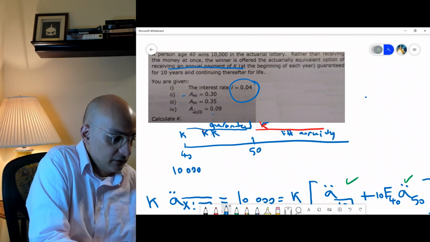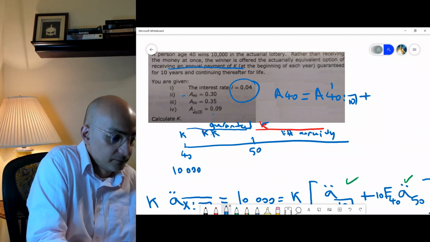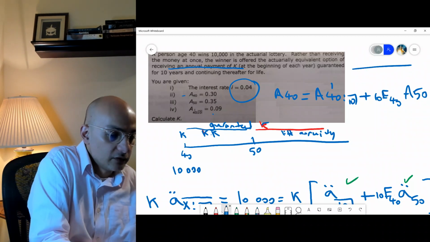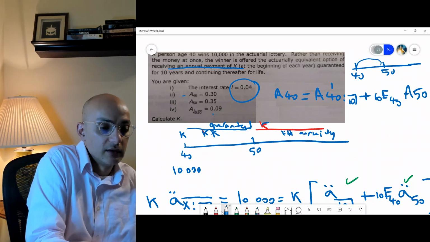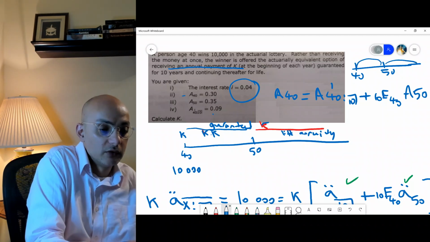If you write A40 is equal to the guaranteed part for 10 years, plus, now we can calculate A50, but we need 10E40, right? Because you have 40 and 50. So you bring them back to evaluate, and it should give you this. A plus this will give you the whole annuity, the A40.